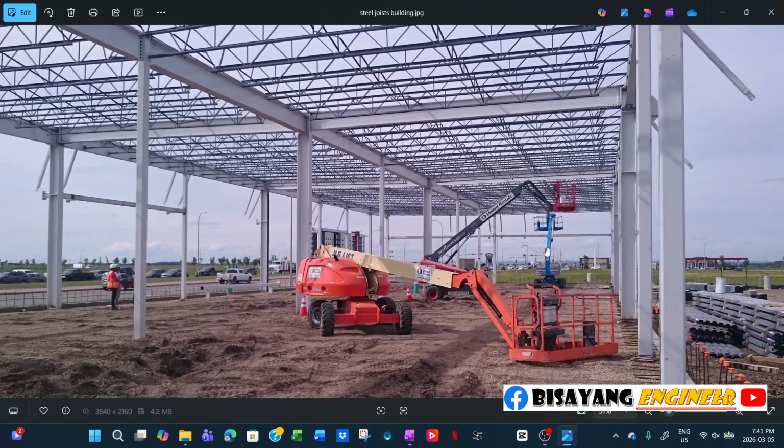you don't see any cross bracing here because not all, but I would say 90% will be curtain wall, like storefront, glass windows. And then the only solid wall here is, I think, some, what do you call this one, a mechanical room.